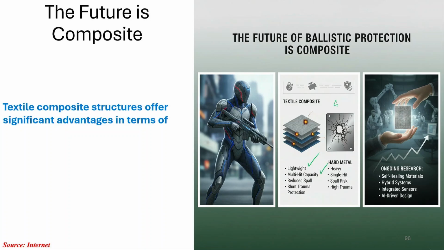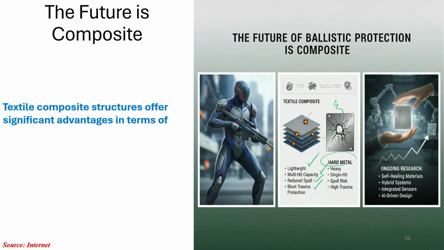For hard armor or metal, it gets damaged. Multi-hit capability is there, and it reduces spall, like dust particle secondary projectile, and it reduces blunt trauma, as I have already mentioned.